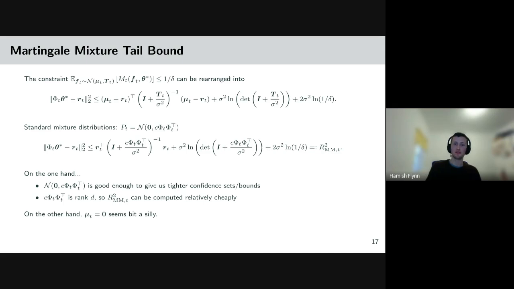Yes, and maybe the other thing to say is, the price we pay for having a non-zero covariance matrix to dampen down this squared difference term is this log determinant penalty. But later on we'll see that for this choice of the covariance matrix it only grows logarithmically with t anyway. So it's probably worth it to dampen down this term, which is order t, at the cost of a log t.